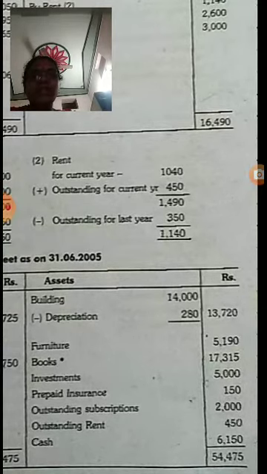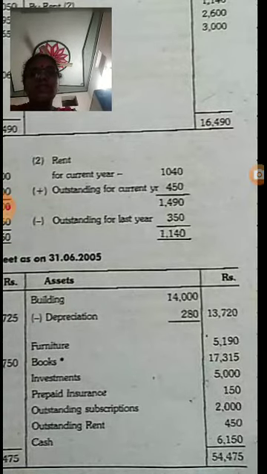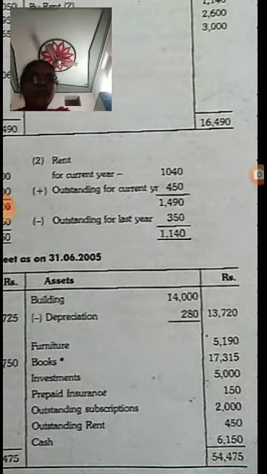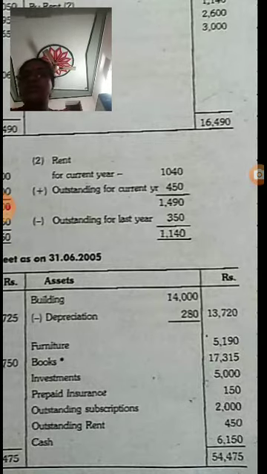Next furniture is 5,190, 17,315, investments 5,000, prepaid insurance 150, outstanding subscriptions 2,000, outstanding rent 450, cash is 6,150, means closing balance of the cash. The total of both sides is 54,475.